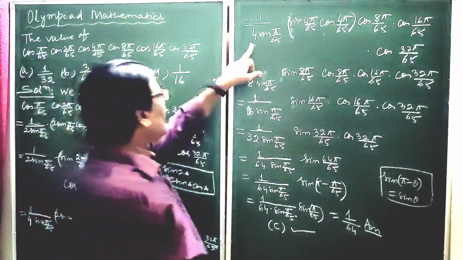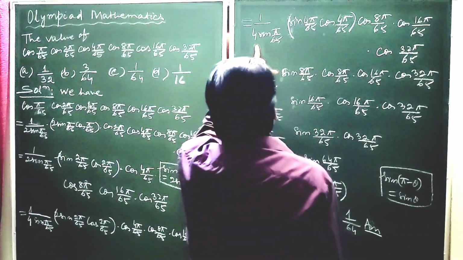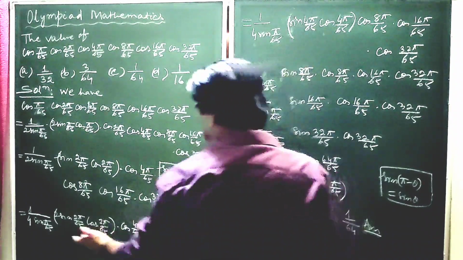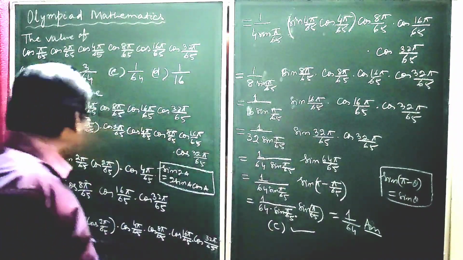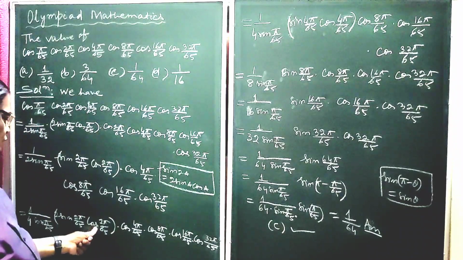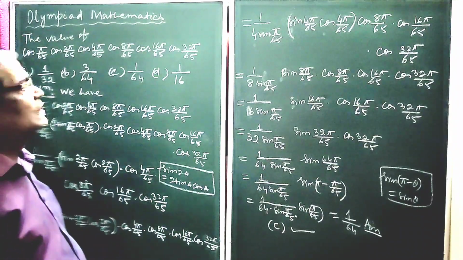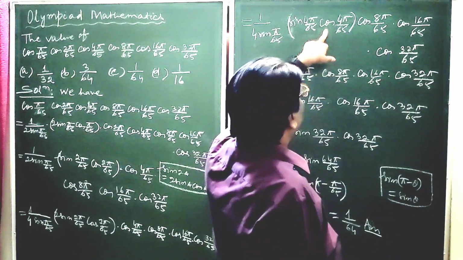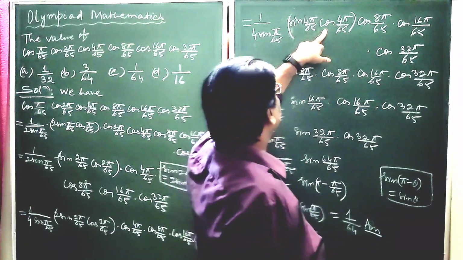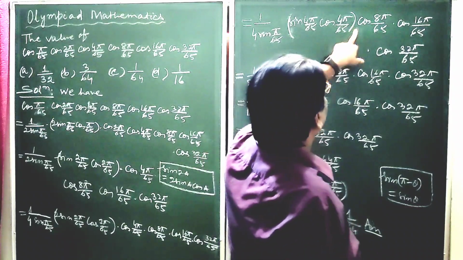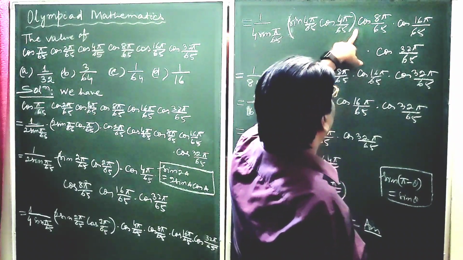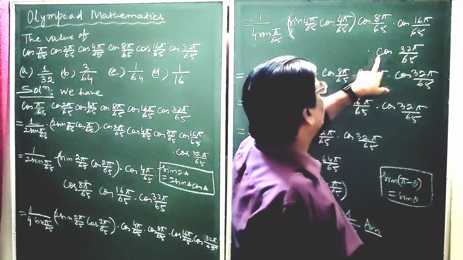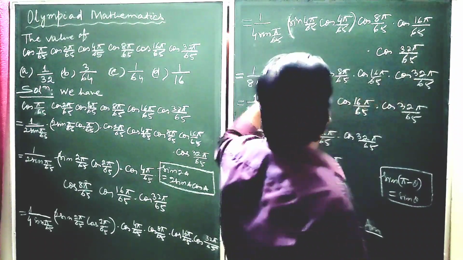Now 2 sin 2 pi by 65 cos 2 pi by 65 becomes sin 4 pi by 65. Now again we have cos 4 pi by 65. The remaining factors are cos 8 pi by 65, cos 16 pi by 65, cos 32 pi by 65.